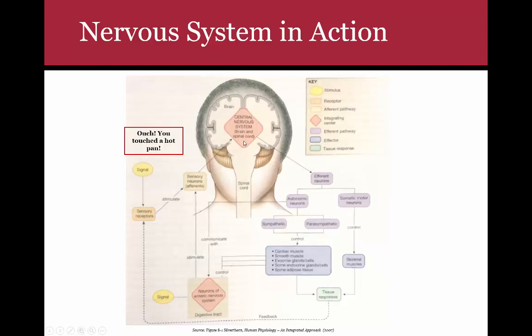Now here's what's not really shown here. This signal actually goes to your spinal cord first, and then that gets thrown up to the central nervous system. So you have some thermoreceptors which feel that. What's kind of misleading here is that it actually goes to the spinal cord.